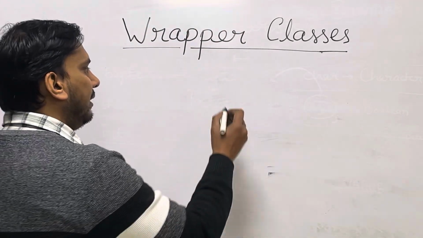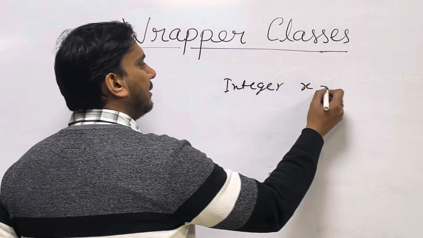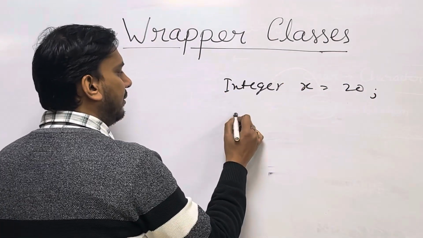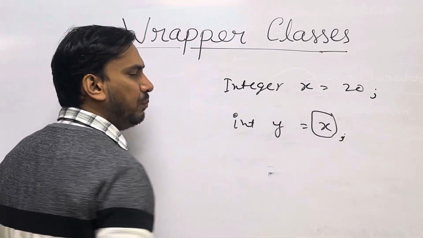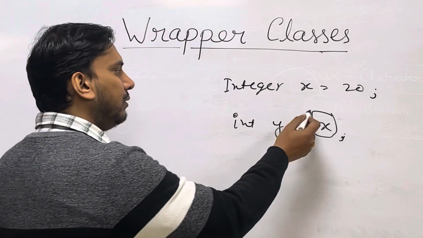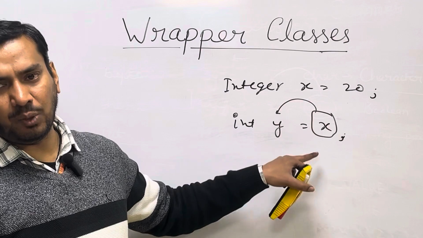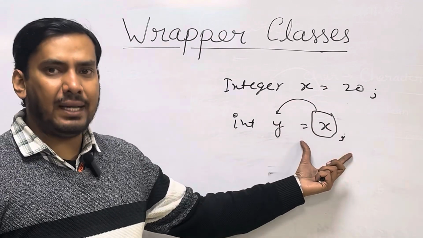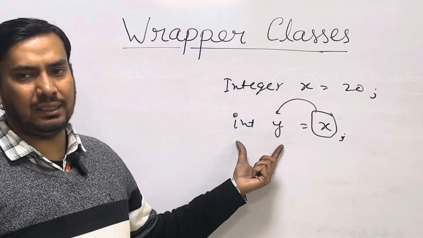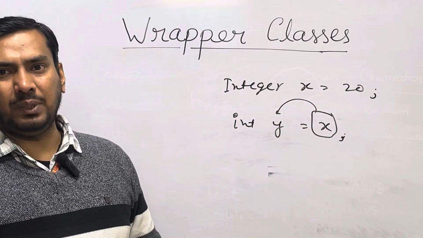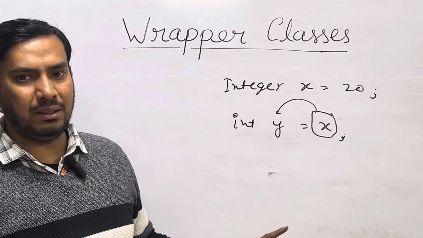Similarly, vice versa, if you have some Integer object, let us say you have Integer x = 20 and I want to write int y = x. So x is an Integer object, I want to fetch its value. So this process is unboxing. An object will be unwrapped, unboxed, and its value will be fetched and assigned to the primitive data type of int type, but it should be compatible.